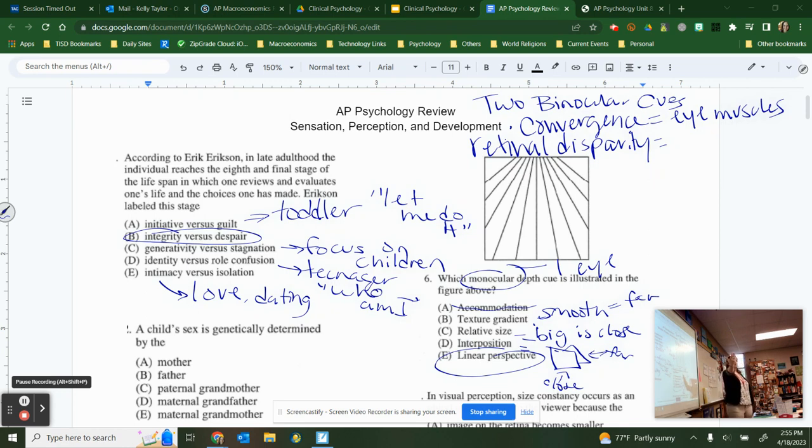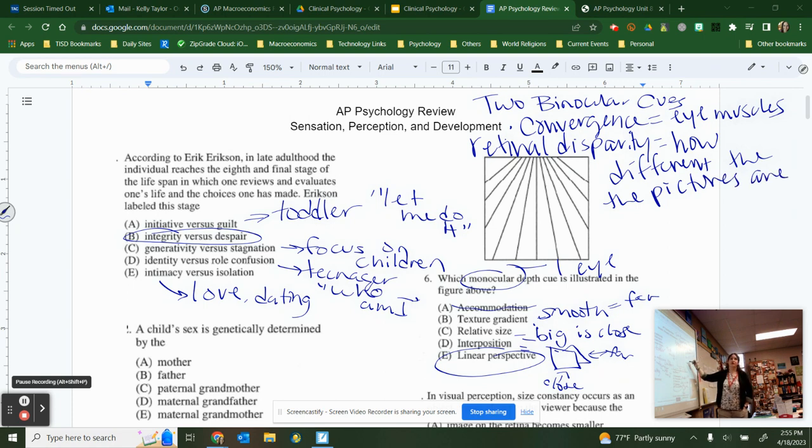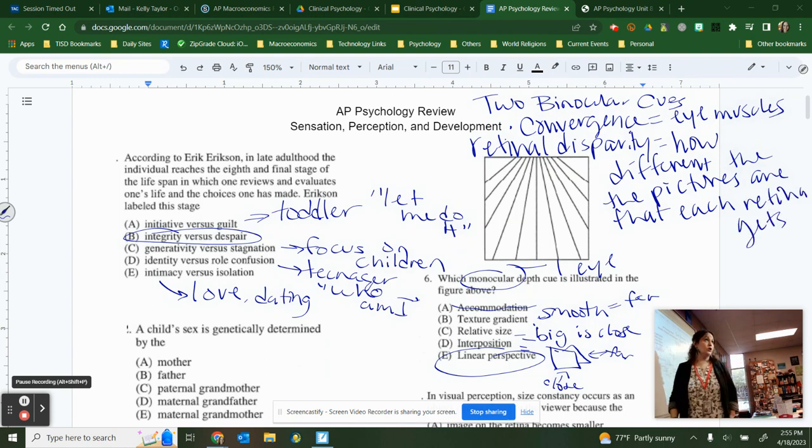But the further things are away, the pictures are roughly the same. So it's how different the pictures are that each retina is getting. The more difference, the closer it is. The more similar those pictures are, the further away that thing is.